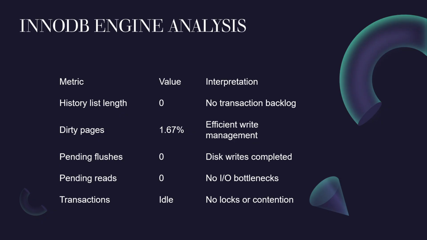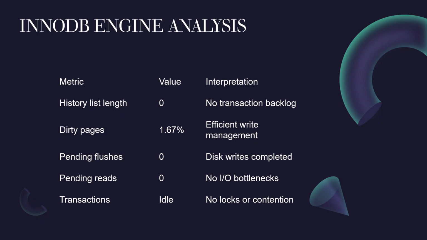The history length is 0, meaning there are no unpurged transactions and no backlog. InnoDB is keeping up with the transaction cleanup. There are no pending reads or writes, so all input-output operations are up to date and the cluster nodes are synchronized. The buffer pool is around 8,000 pages, with only 1.67% dirty pages, which indicates excellent memory management and no excessive write load.